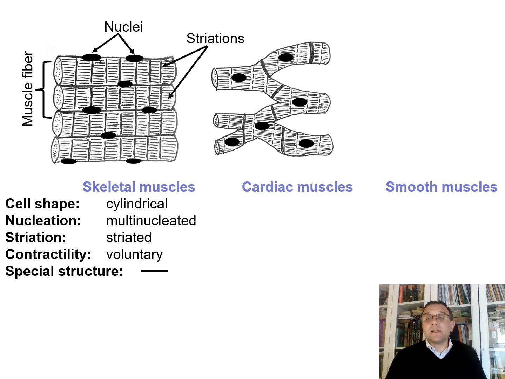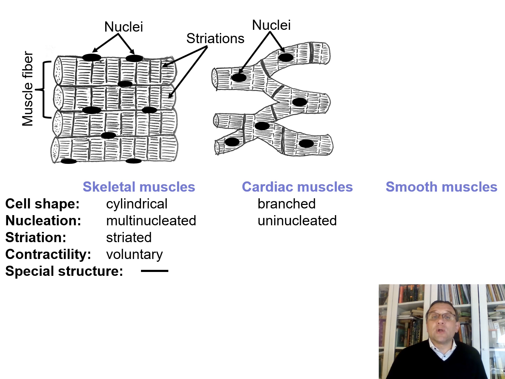Cardiac muscle cells are branched cells. They are uninucleated, one nucleus per cell. Like skeletal muscle cells, they are striated, though their striations are not as prominent and not as well visible as in skeletal muscle cells.